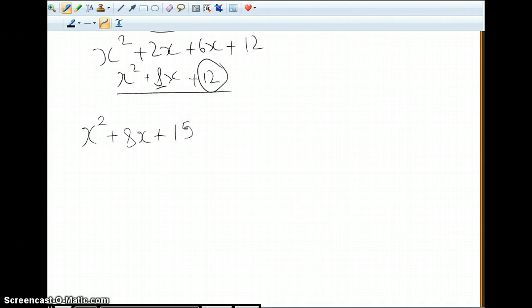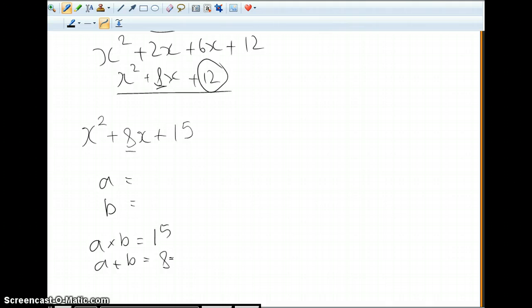So, sticking with my A's and my B's, I need an A and a B, but A times B must give 15 and A plus B must give 8.